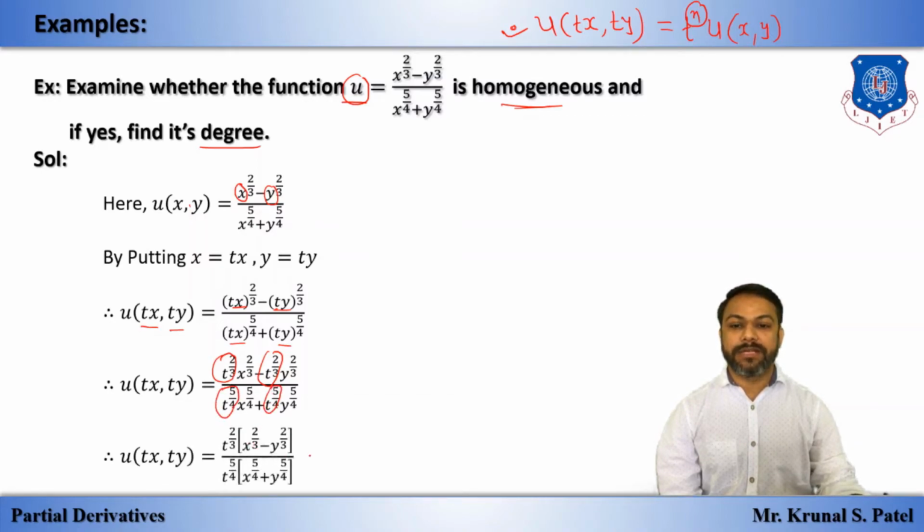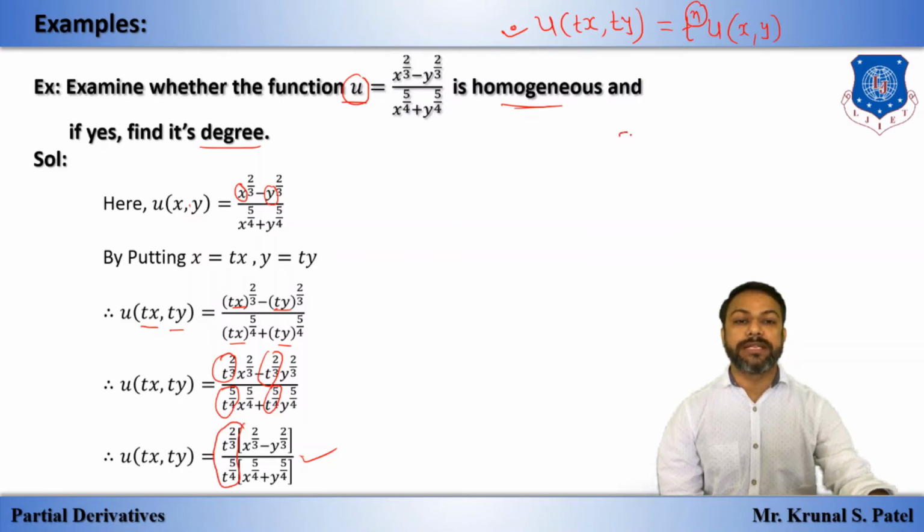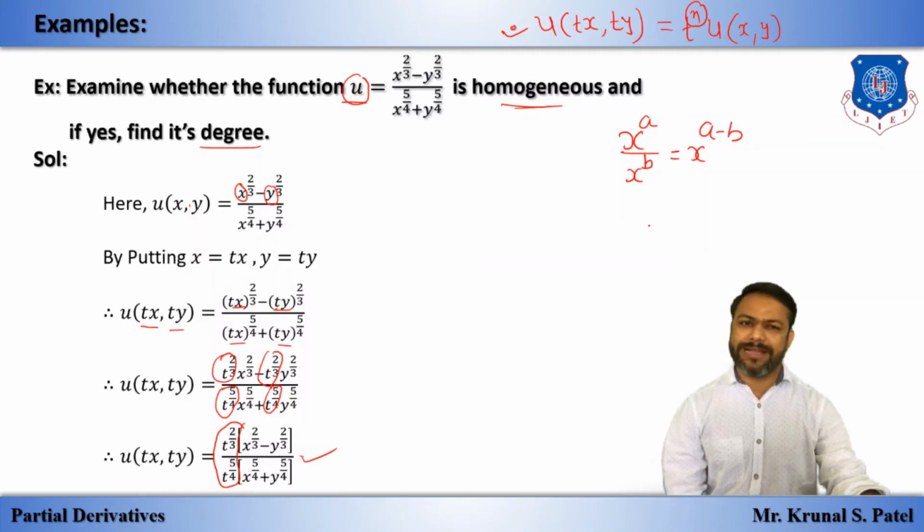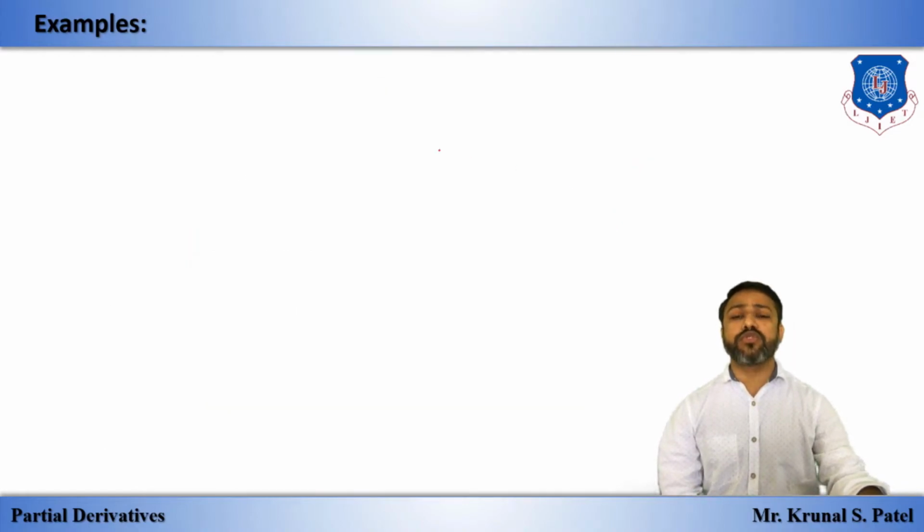So we have this step. Now we know the rule of indices. We can take the t together by the rule x raised to a by x raised to b is equal to x raised to a minus b. This is the rule of indices, simple, we have already seen it at school level. So we have this step.